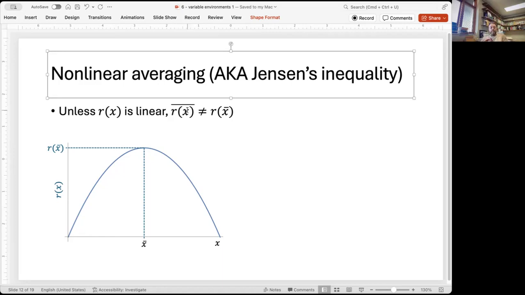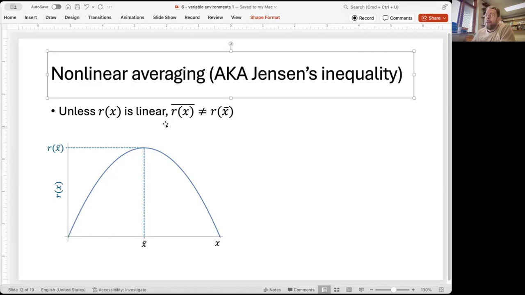But maybe we're lazy and taking a shortcut, and we just measure growth at the average environment, and that should be good enough. So that's what R of X bar is: X bar is the average environment, and we measure growth at that one.